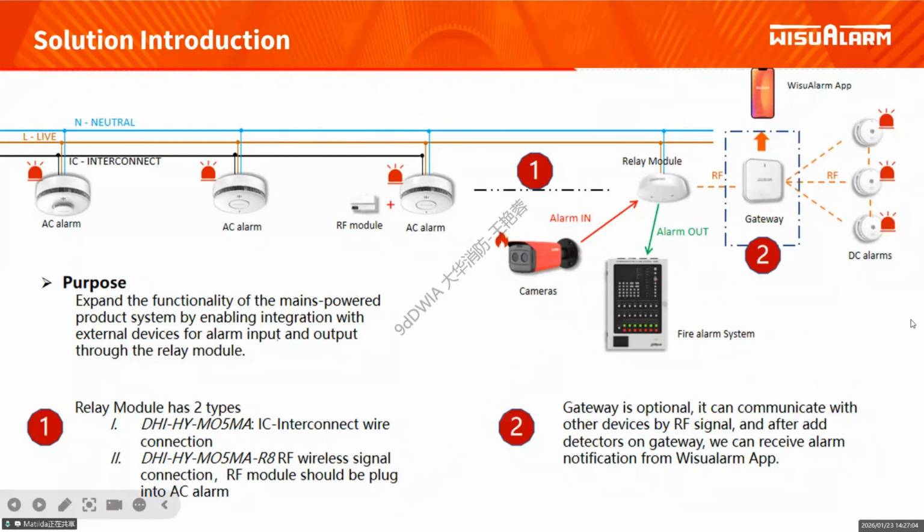Another way is when the DC alarms or AC alarms detect smoke, it will trigger an alarm, and this alarm signal will transmit to our relay model, and the relay model can also link our alarm output devices like the fire alarm panel or the sounder strobe.